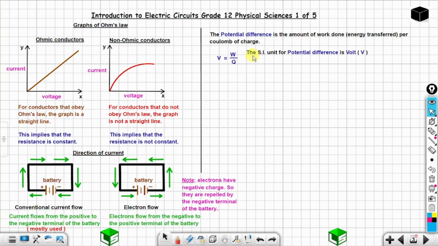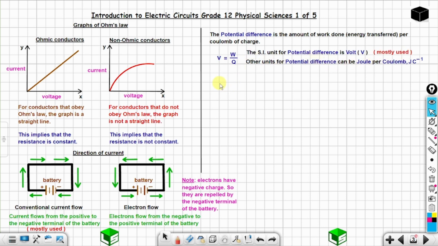The SI unit for potential difference is the volt. Another unit for potential difference is the joule per coulomb, since the unit for work done or energy transferred is the joule and the unit for charge is the coulomb. The SI unit is the one that we are going to use most of the time.